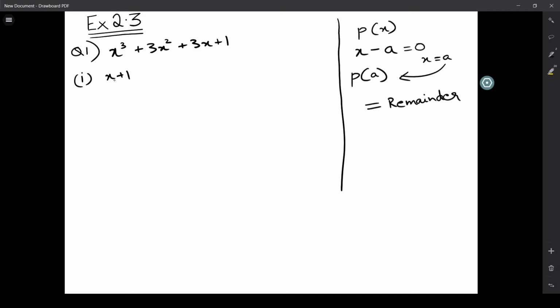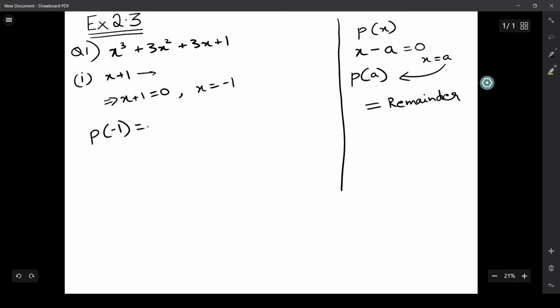So out here, taking the 0 of the polynomial in the divisor, I get x plus 1 is equal to 0 or x is equal to minus 1.